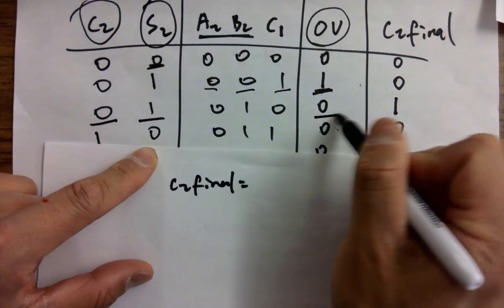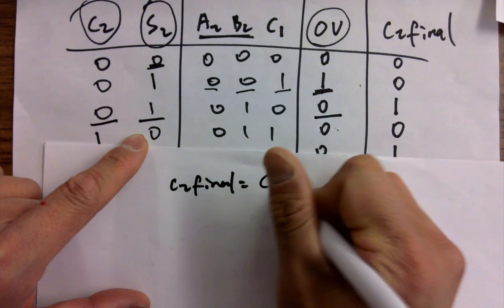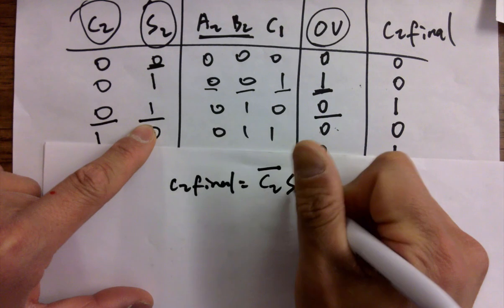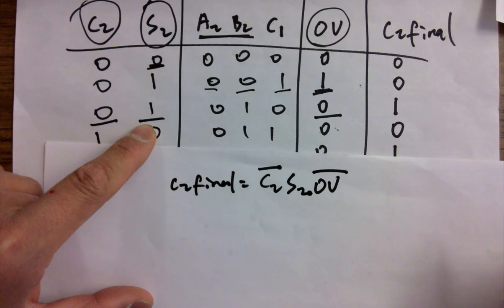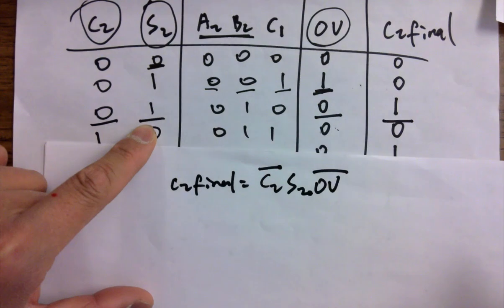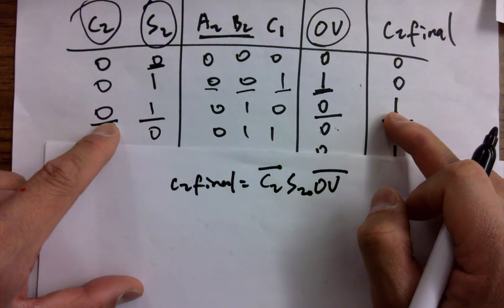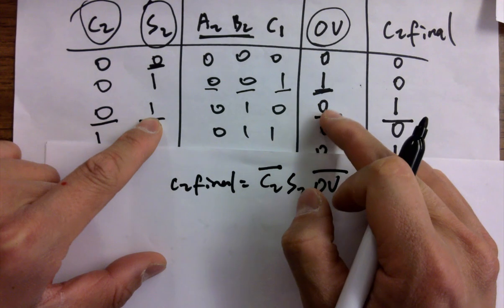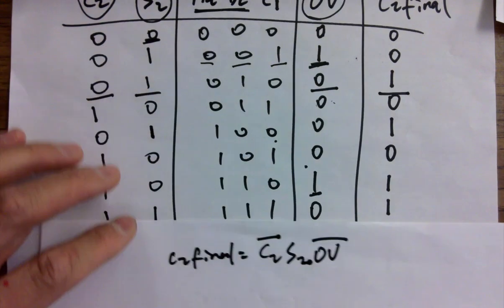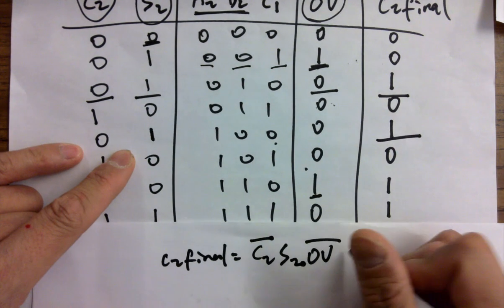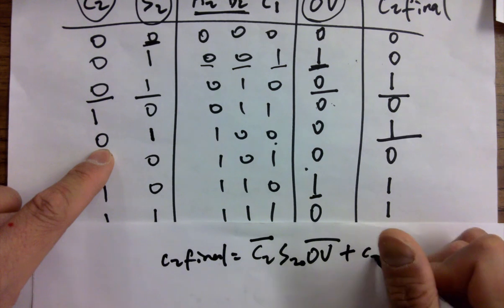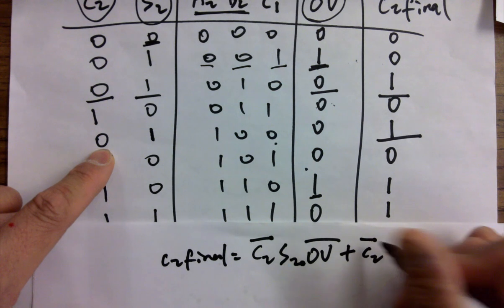1, 2, 3. It's a C2 naught, S2, and OV naught for this guy, right? C2 naught, S2, C2 naught, OV naught. Or C2 naught.